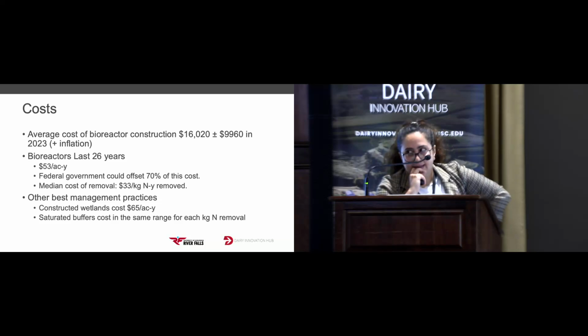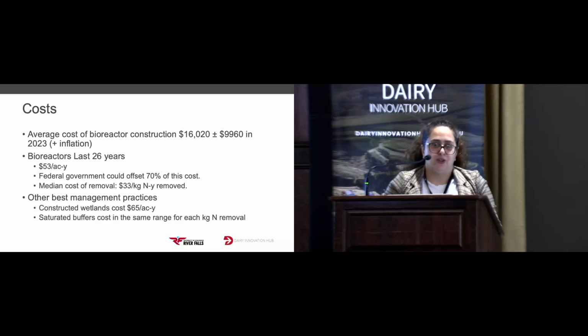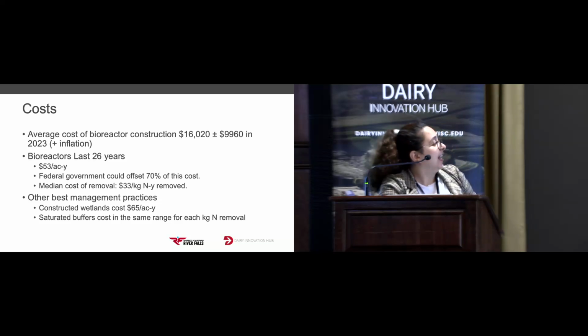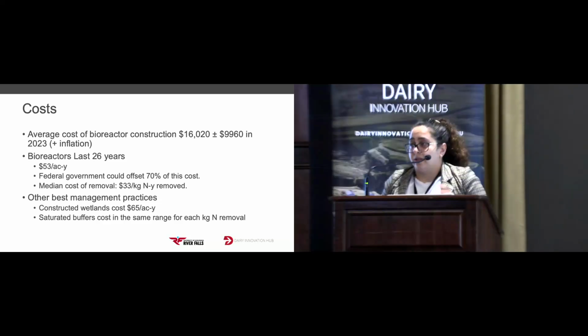And in the old days, 70% of the cost could be offset by federal government cost sharing. We should look to see what's going to happen in the future with the federal government cuts. And other best management practices are comparable as well. If we have constructed wetlands, it's about $65 per acre per year. Saturated buffers also cost the same. So if land is a limiting factor, bioreactors could be an option to use.